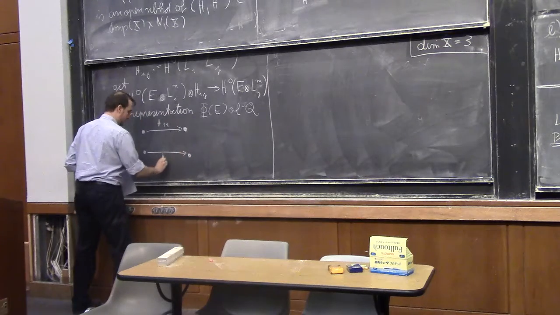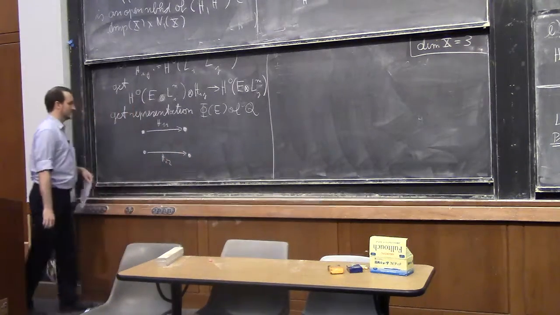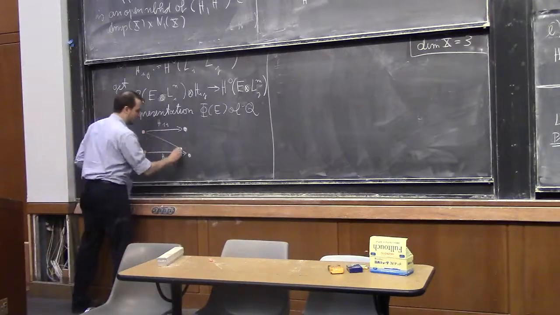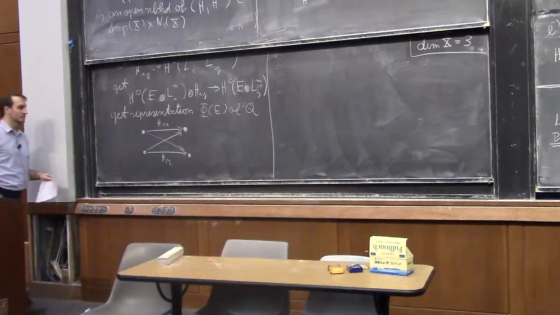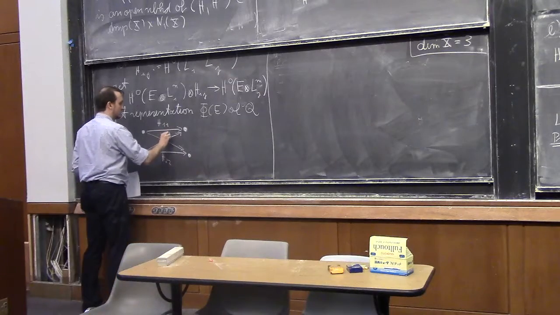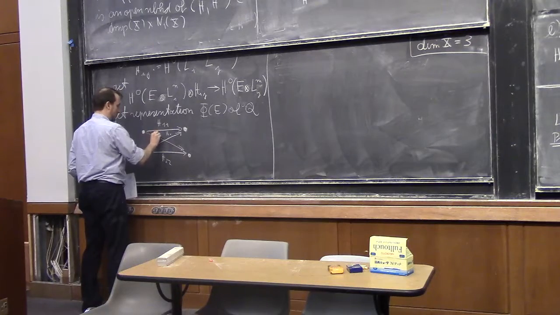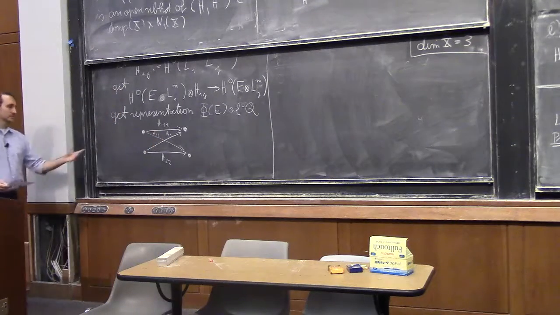So you have two Kronecker quivers, and then you have the diagonal multiplication maps, which you label H_21 and H_12.